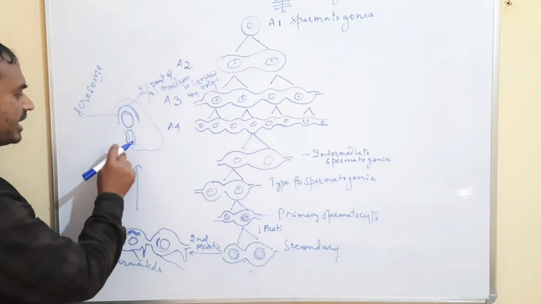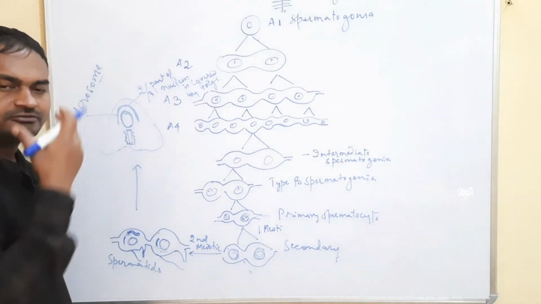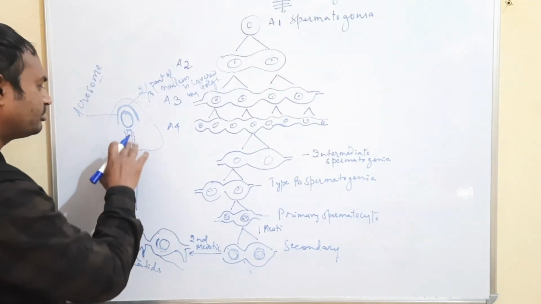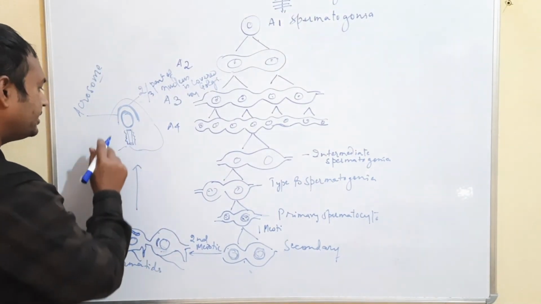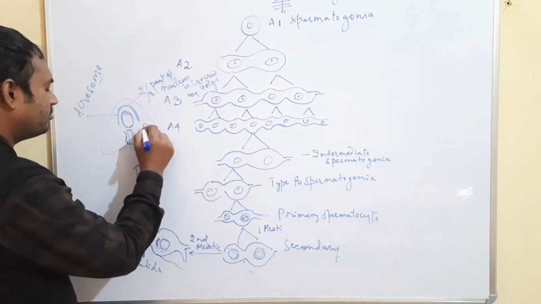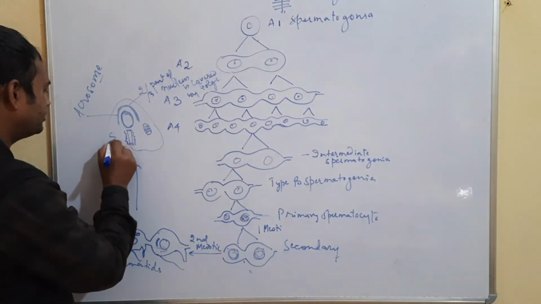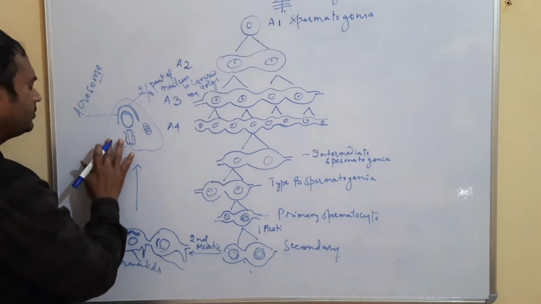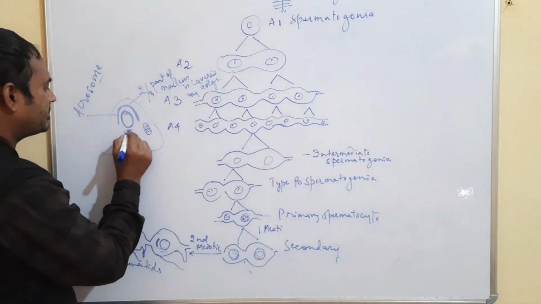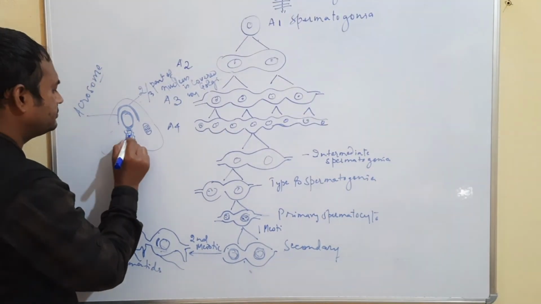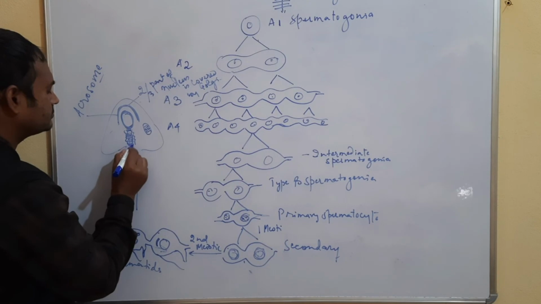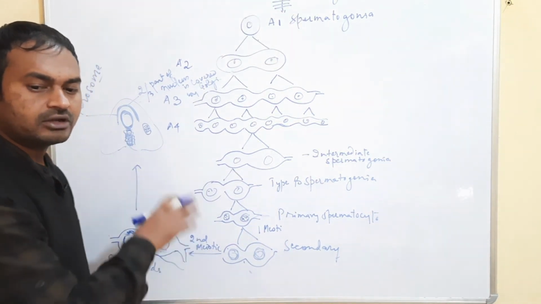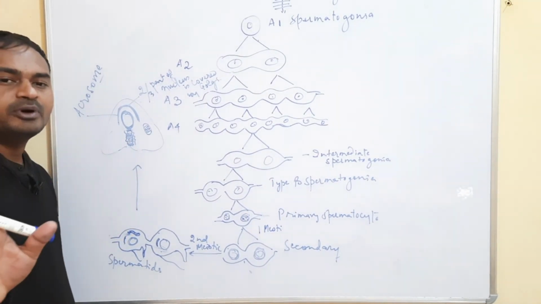So the centriole will aggregate towards the basal part of the nucleus, and thereafter the mitochondria will wrap over it. This will be wrapped by the mitochondria. So right now we are studying the spermatids.